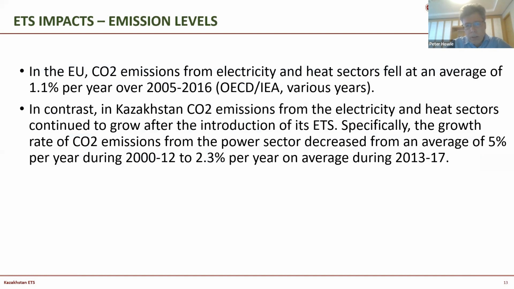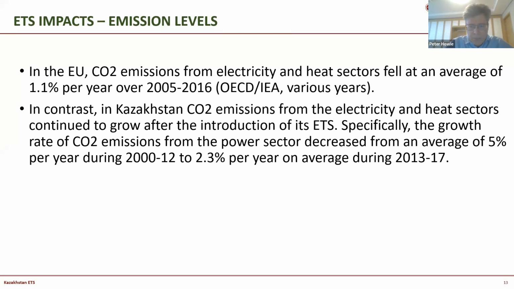Now, I'm focusing on electricity and heat sectors both in the EU and Kazakhstan because they're the predominant emitters of carbon of the regulated firms. So in the EU, it dropped about 1.1% per year.